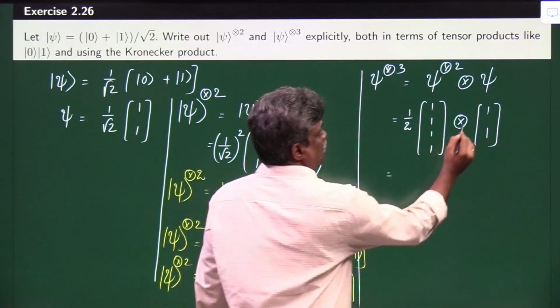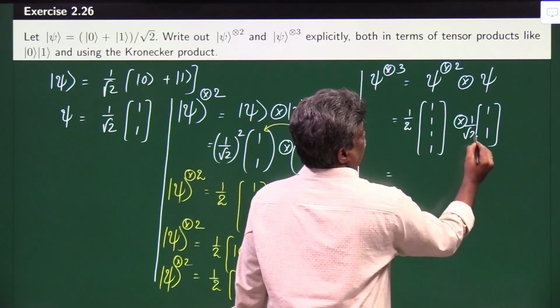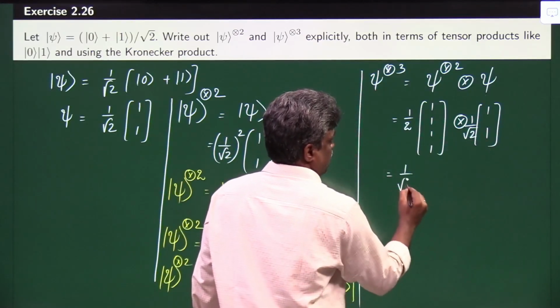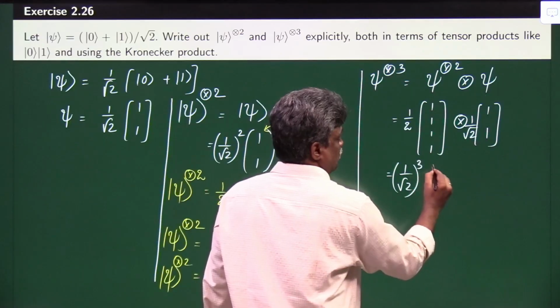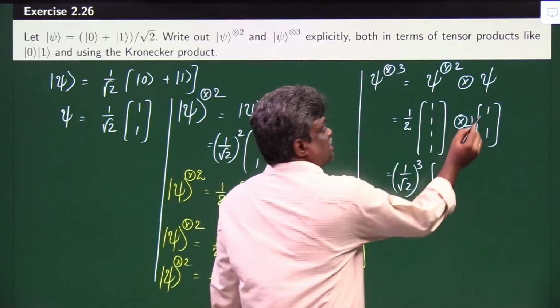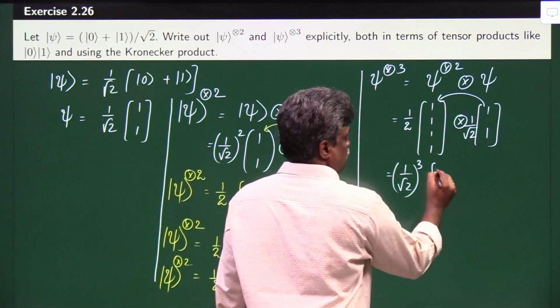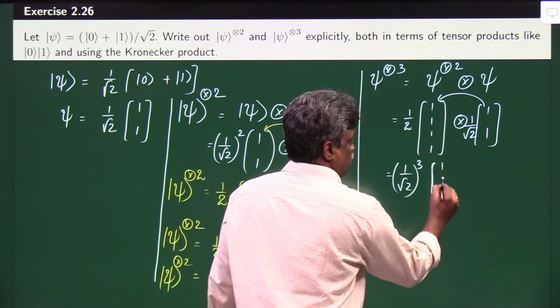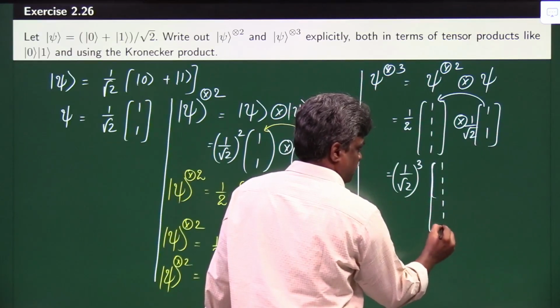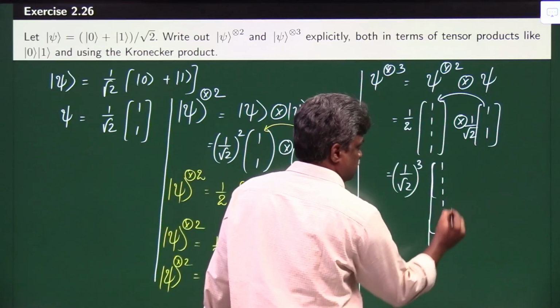Of course, here psi means 1 by root 2, so finally we can write it as 1 by root 2 whole cube. Now just take this and multiply with each and every element. Then you will get 1, 1, 1, 1, I think 8 times you will get.